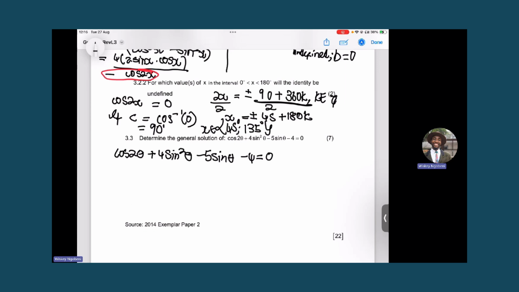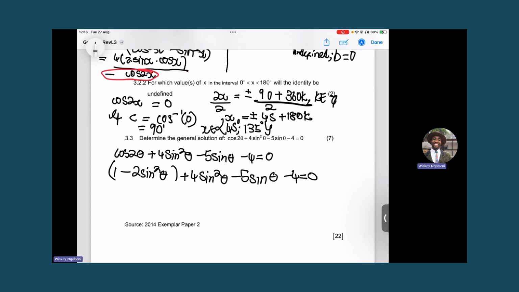So we need to change the cos 2 theta using the double angle formula. We must choose the one that changes to sine. So this is 1 minus 2 sine squared theta plus 4 sine squared theta minus 5 sine theta minus 4 is equal to 0.